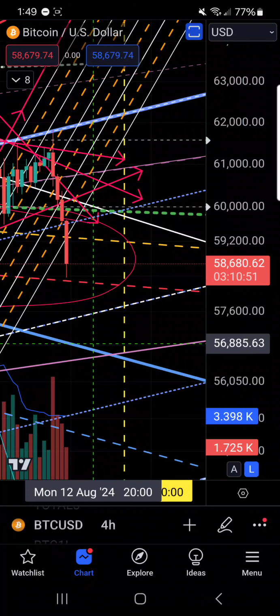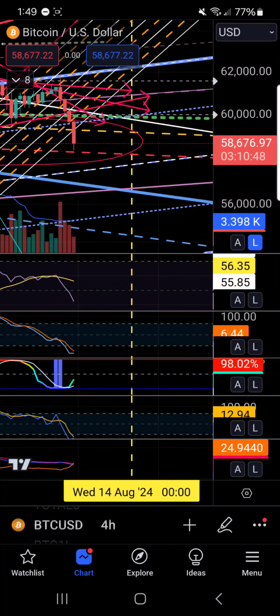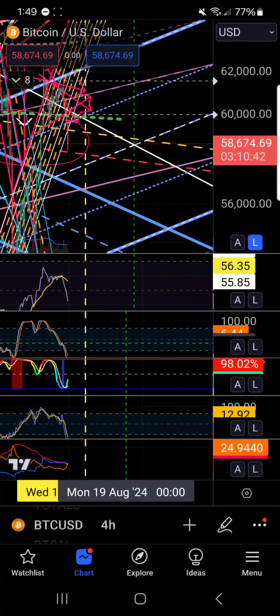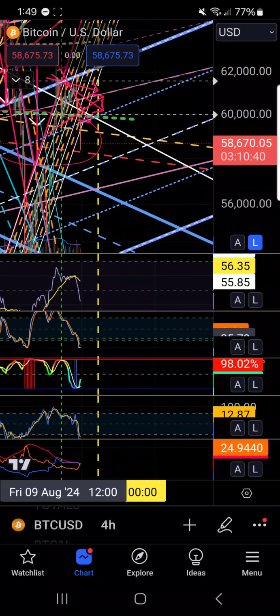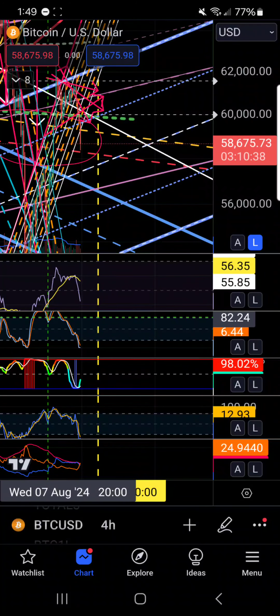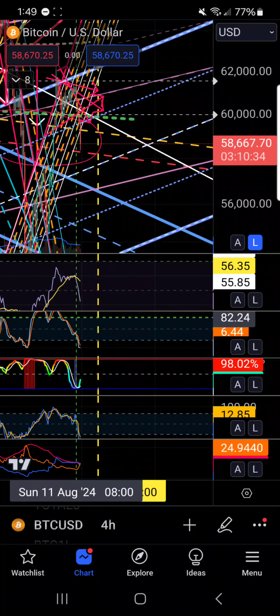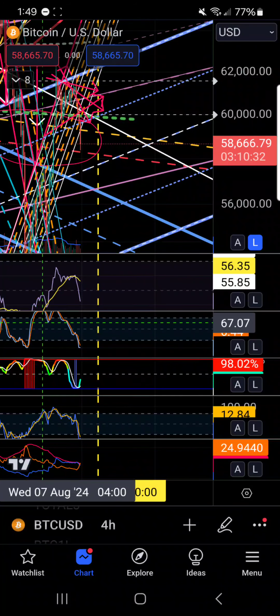So let's look at this one, the stochastic RSI. We had been up here for a while. We could have continued up there for one more little thing, but I thought this was getting worn out.